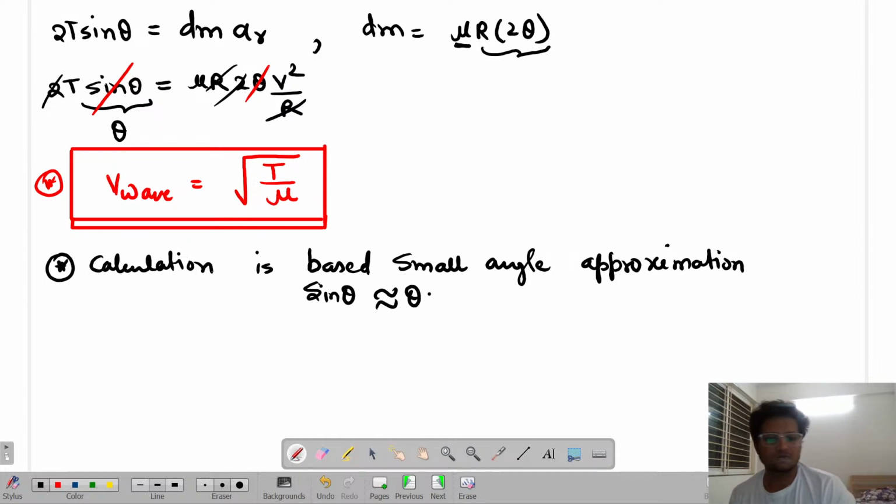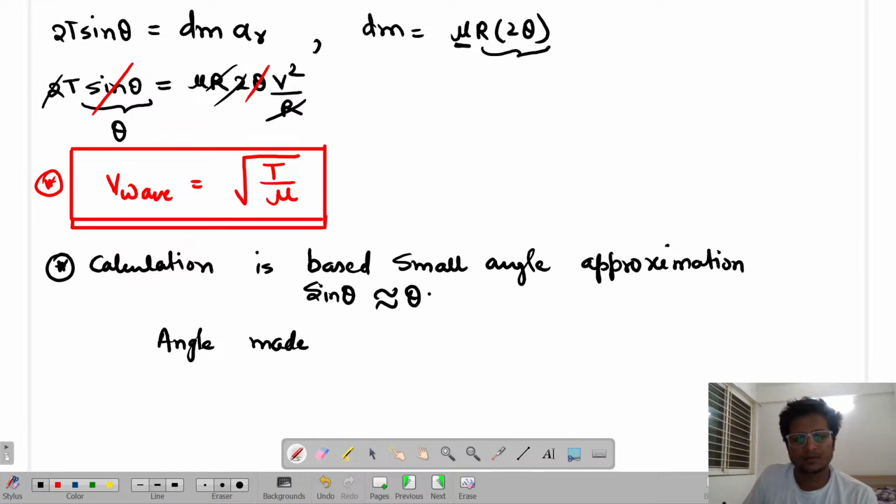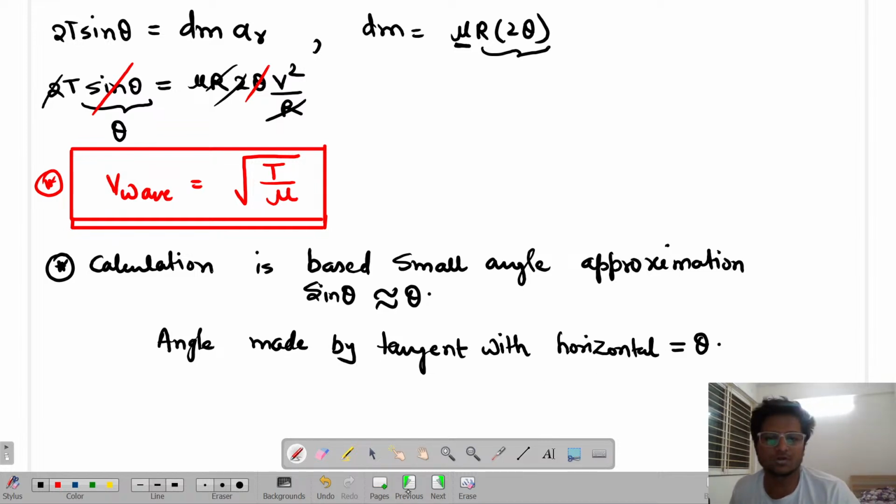This calculation is totally based upon a small angle approximation, where I am considering sine theta to be similar to theta, and almost the angle made by the tangent with the horizontal to be also equal to theta. So there are two approximations which we have taken, and that provides us the correct answers, isn't it? Okay. Can we move ahead?